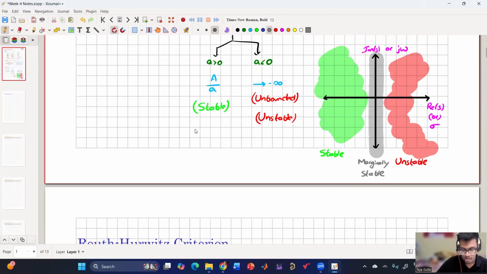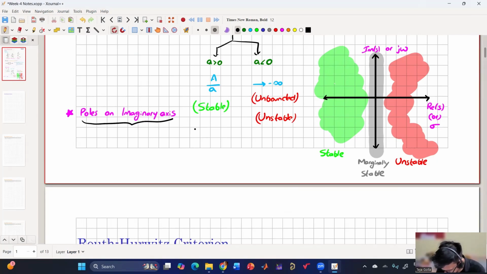If we have poles on the imaginary axis, then the system is marginally stable, because the poles on the imaginary axis will result in oscillations.